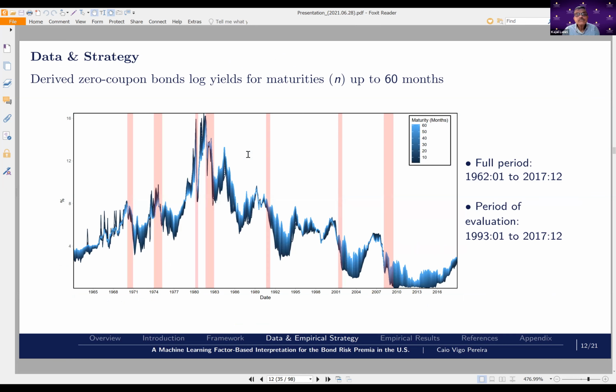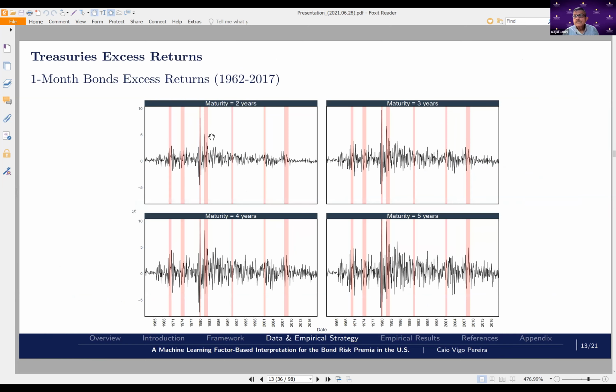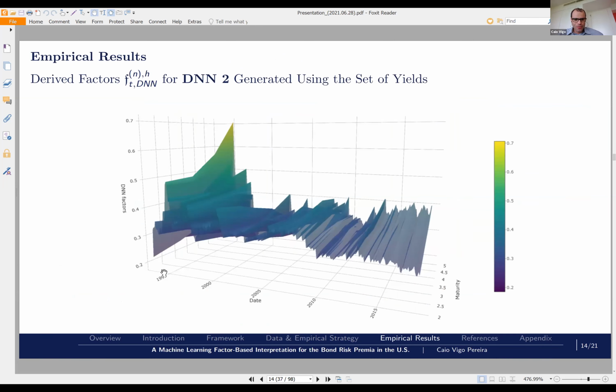Okay, perfect. Here, just to see clearly, the excess returns range over 2, 3, 4, and 5 years. As you go longer, it gets more volatile. Here you can see in a three-dimensional plot the Fs, which are the hidden factors from the first stage. I have years here, the maturities ranging from 2 to 5 years, and here I have the DNN factors.